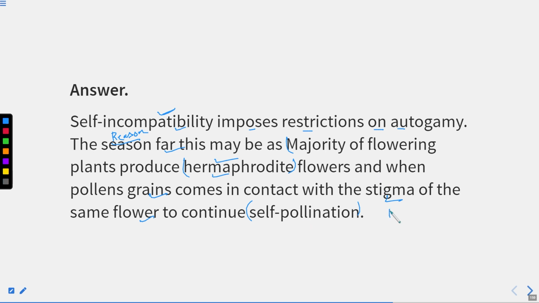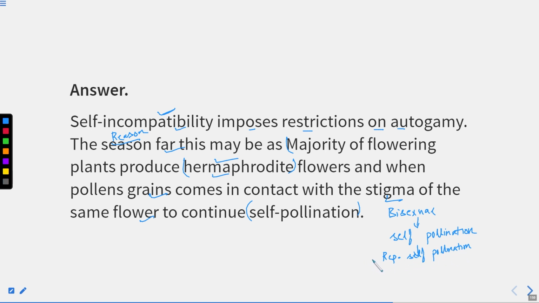So you can write here that bisexual or hermaphrodite flowers are produced. Because of this, self-pollination is promoted, and then repeated self-pollination happens.